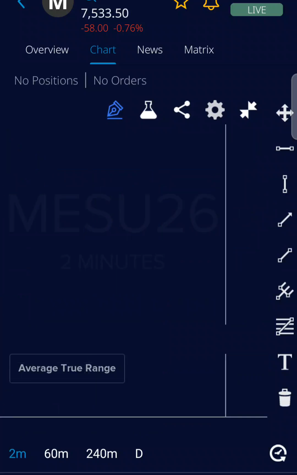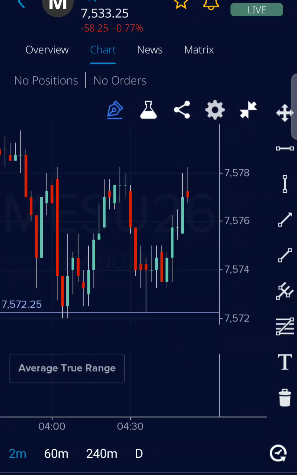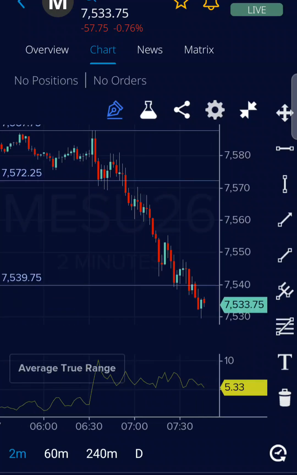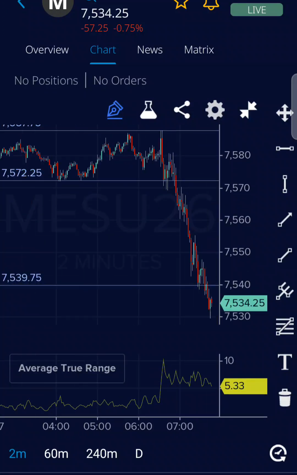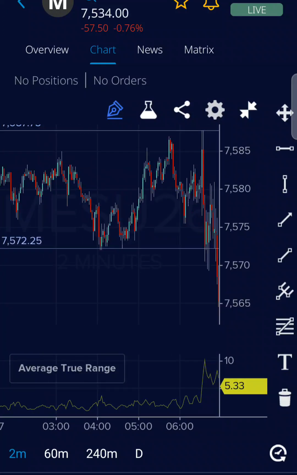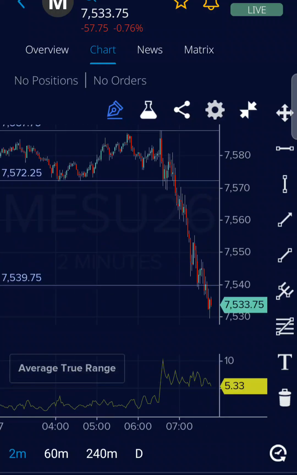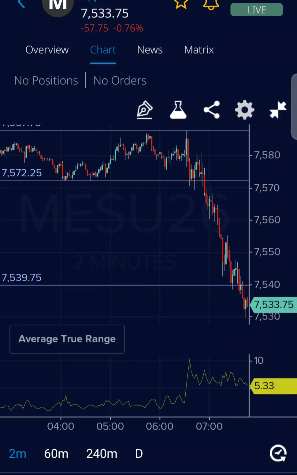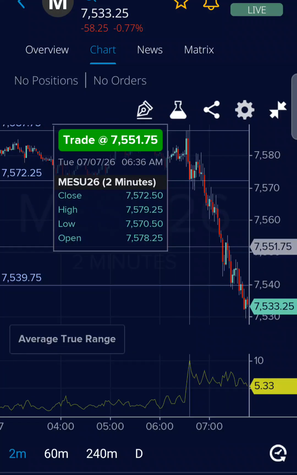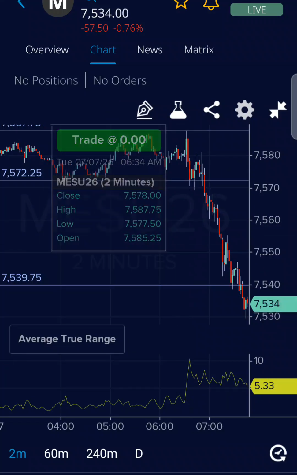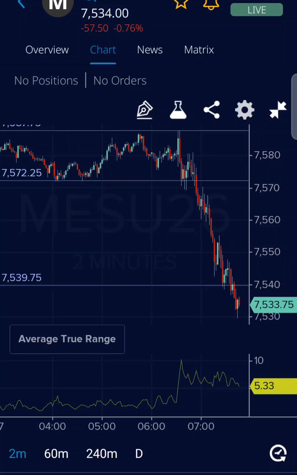Let's go back. Here we go. See? It's going sideways. It's not moving up or down. I mean, it is, but not enough to be excited about. But now look at how much it fell once it made its move. From 6:30, it has dropped.